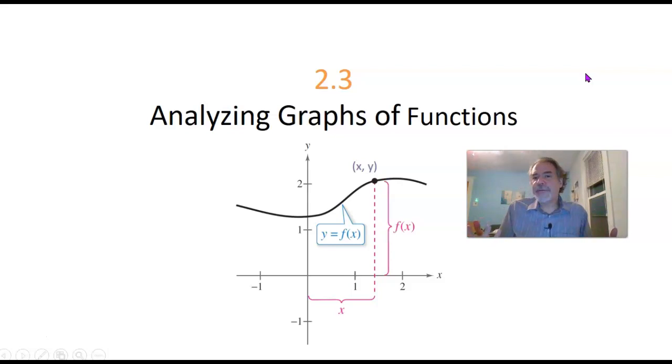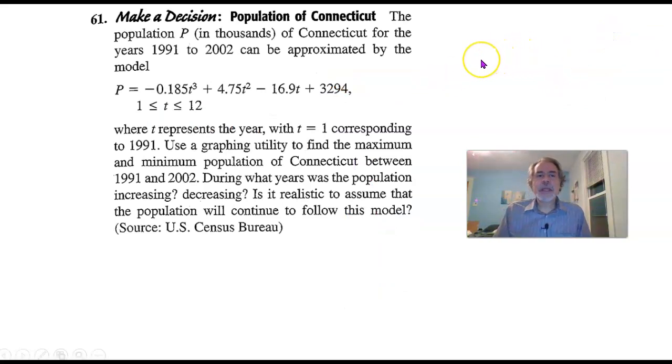So we can define a function, we can give an equation or a formula, but lots of times it's easier to tell what's going on with the function if we have a graph to look at. Here's an example. I don't remember if it's our book or a different book, but I found this formula here for the population of Connecticut, in how many thousands of people live there, for the years 1991 to 2002.